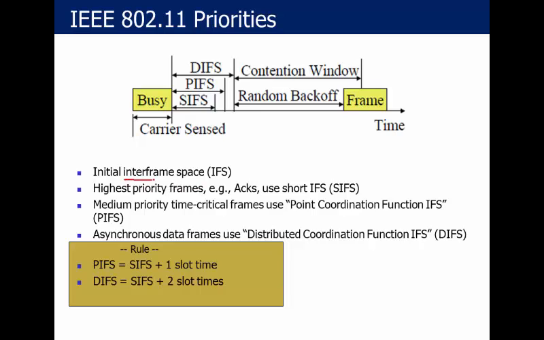We assume the interframe space, so-called IFS, and also the short IFS, so-called SIFS, and then two types of coordination functions. Therefore, we have two different interframe spaces, PIFS and DIFS.